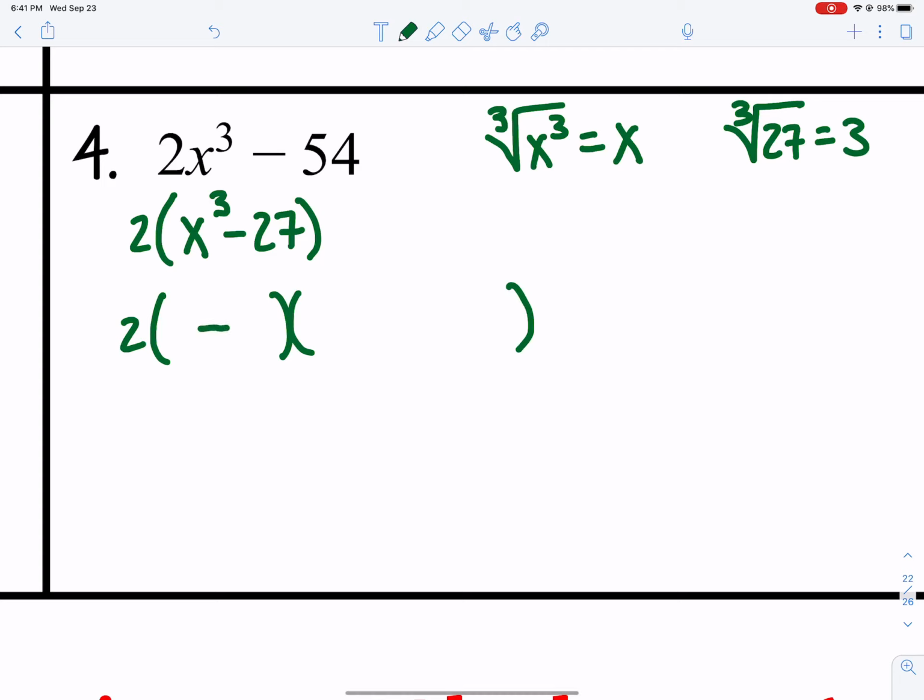We have minus, plus, plus for our signs. And x and 3 go in the binomial. Then square the first to get the first. Square the last to get the last. And multiply them together and put that in the middle.